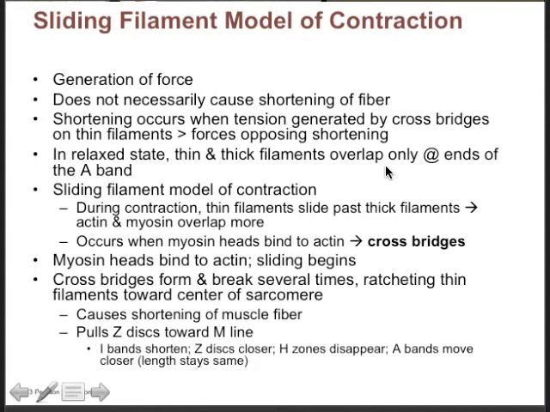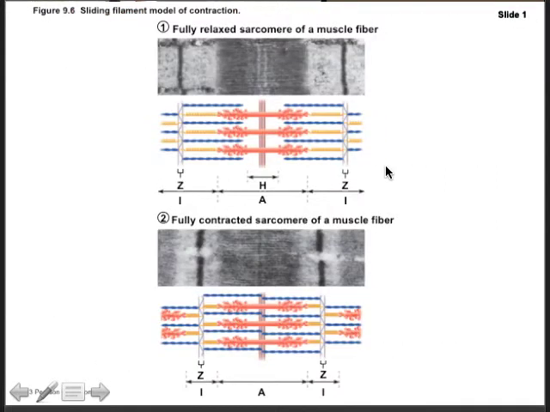So what you'll see is the I bands shortening, the Z discs getting closer together, the H zones disappearing, and the A bands moving closer to each other as well, while the length of the A band stays the same. And so you can see here a relaxed and a contracted skeletal muscle fiber.